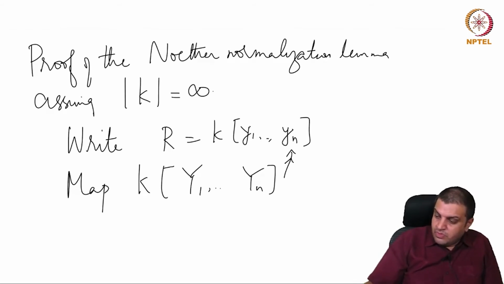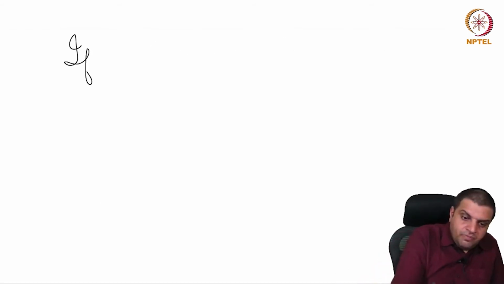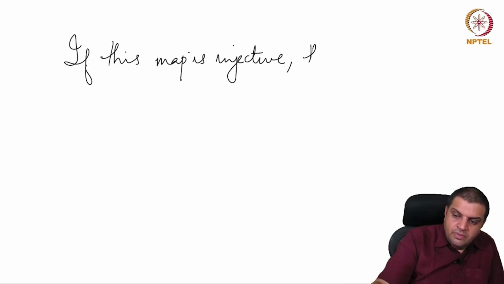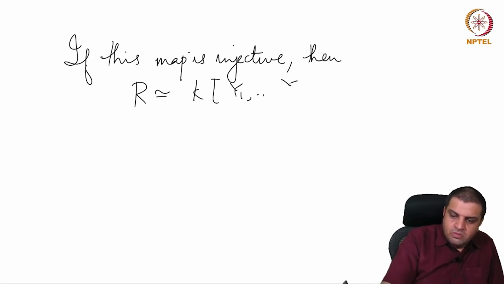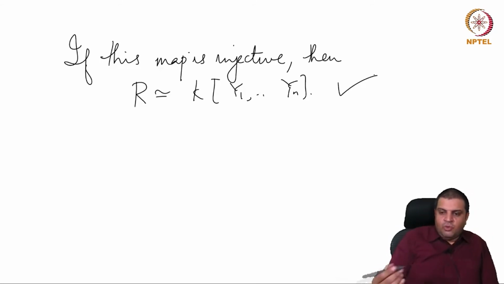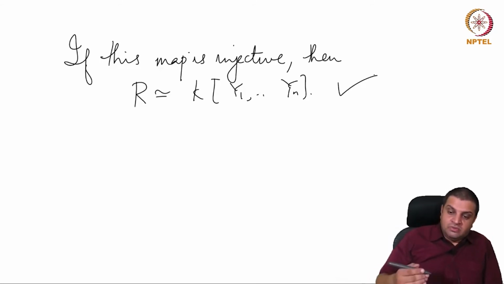Okay. If this map is injective, then R itself is a polynomial ring. Okay, and then we are done. Because all that we wanted to prove was R is finite over a subalgebra which is a polynomial ring.